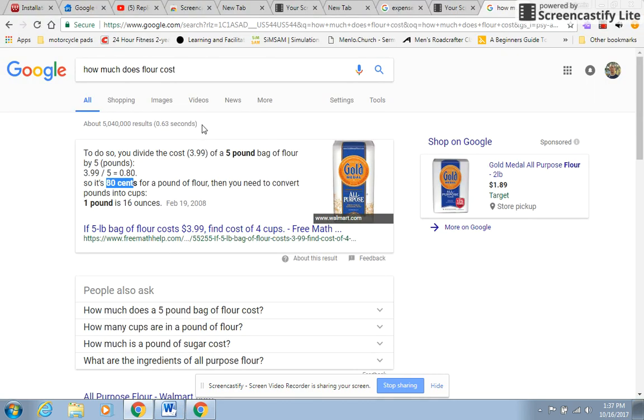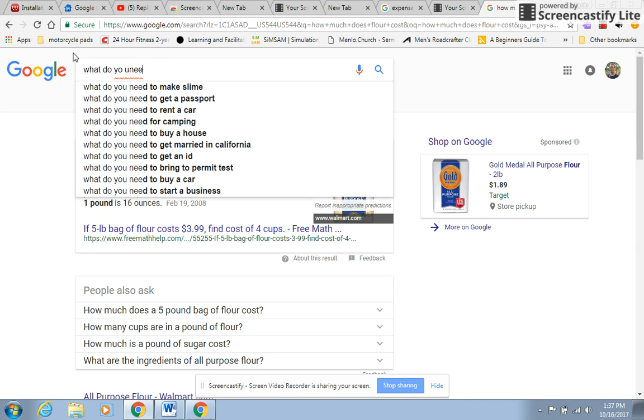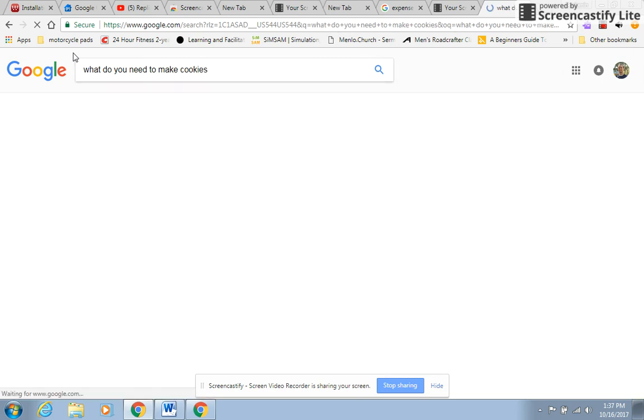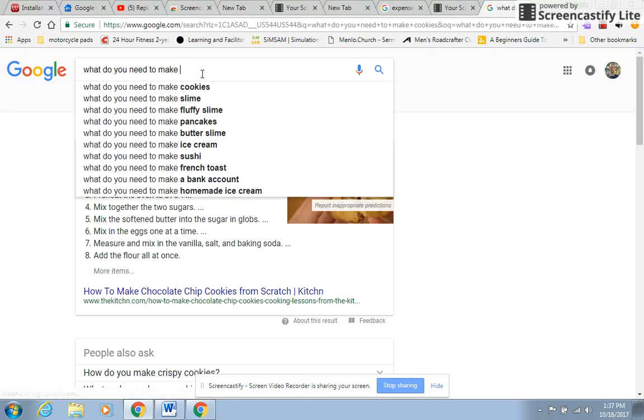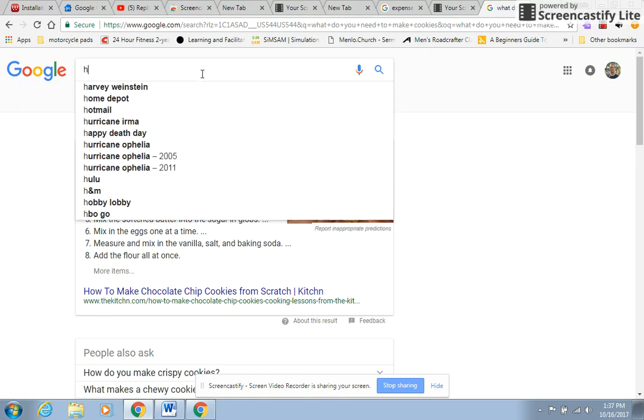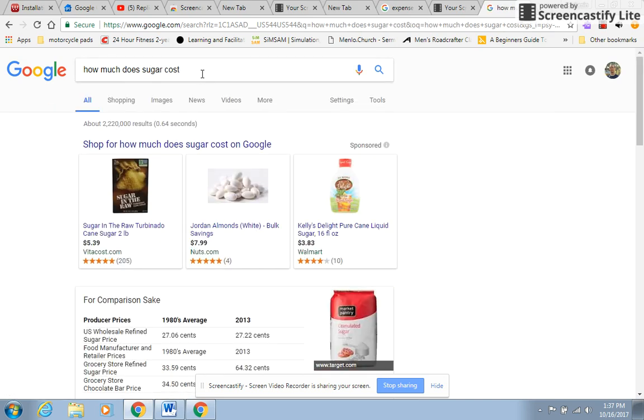And then what else do you need to make cookies? If you're not sure, you get a nice little recipe here, and then you could go and ask what each item costs. So how much does sugar cost? And then you could look up the prices for different ones.